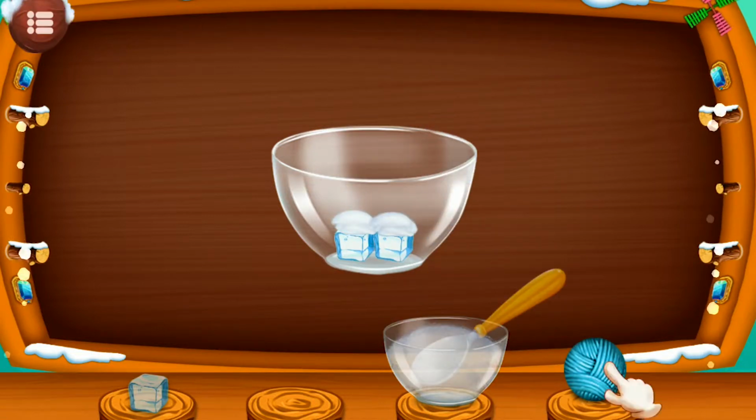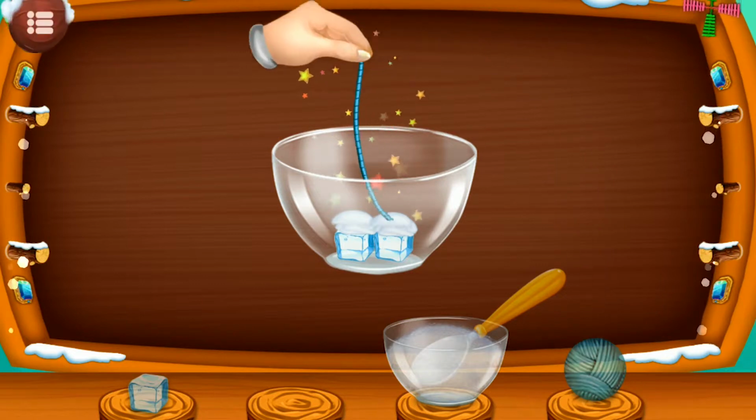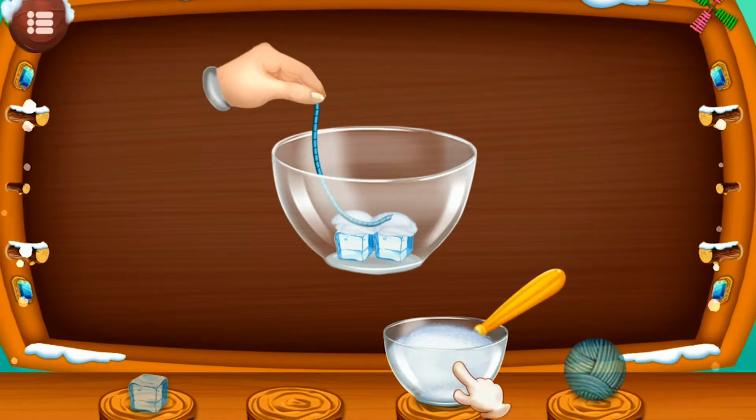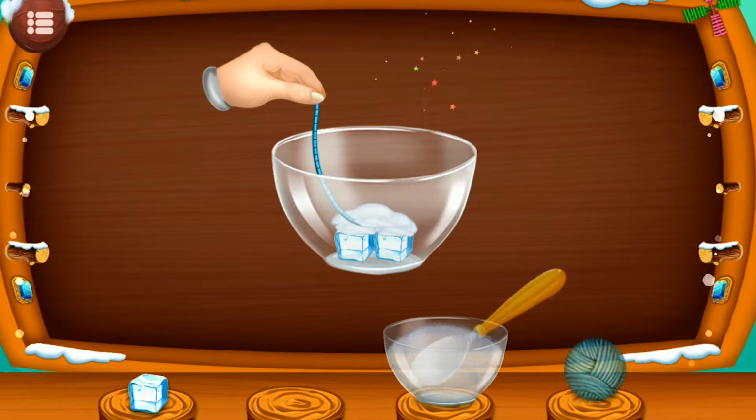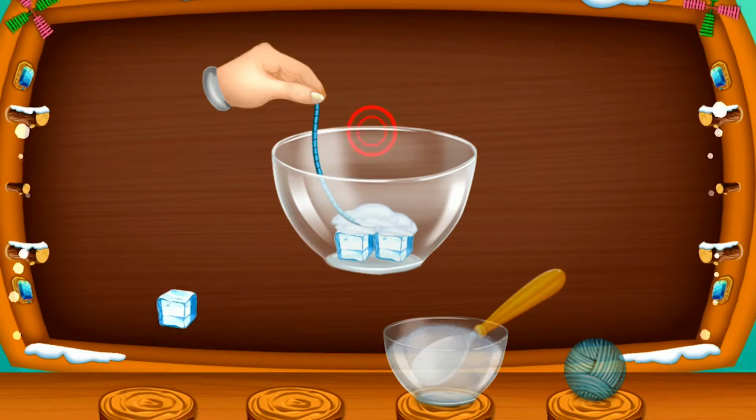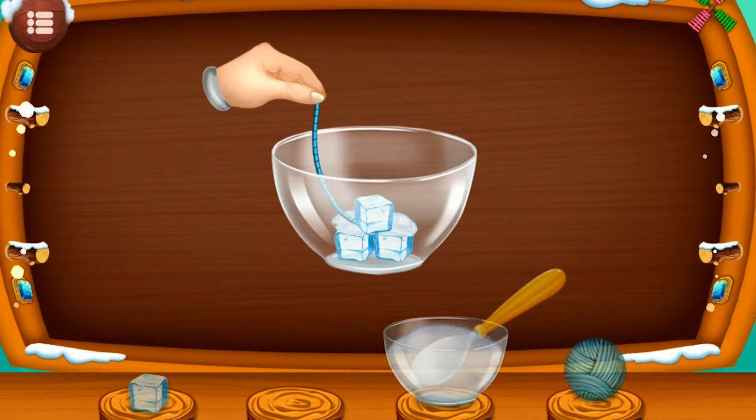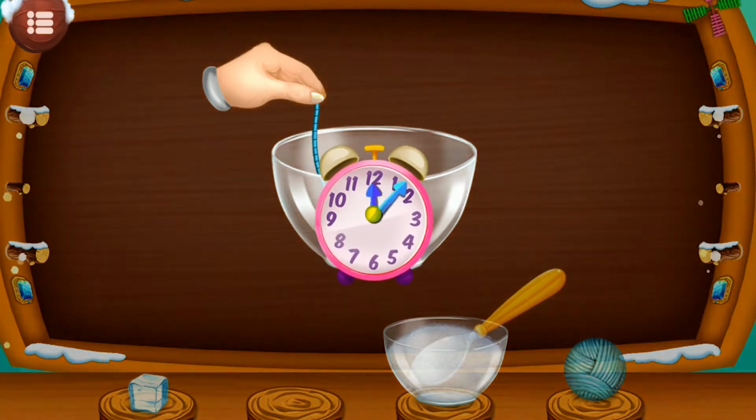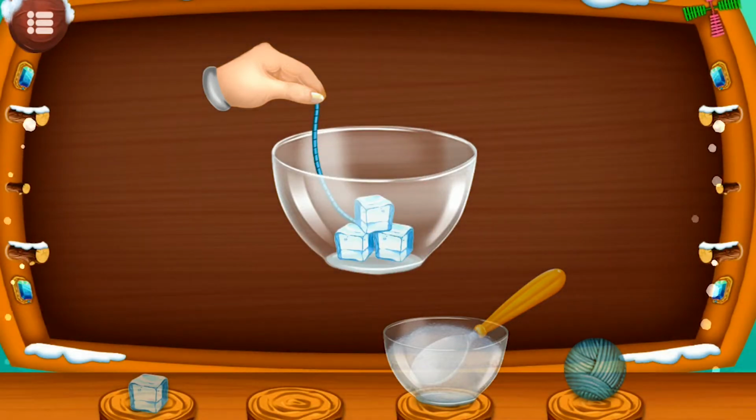Take a thread and place it on the ice cube. Add some more salt into it. Now leave it for some time. Now try to pull it out.